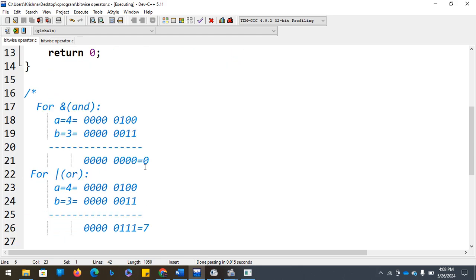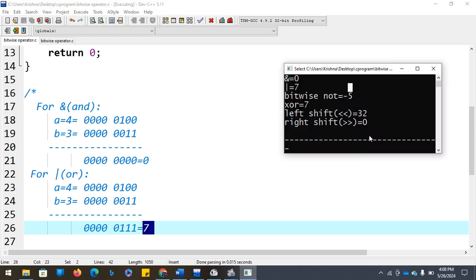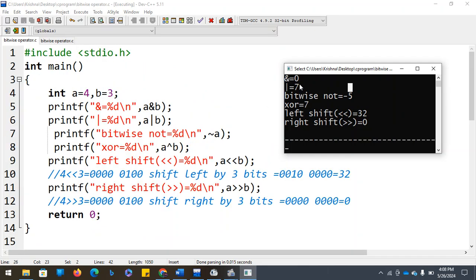A is 4, here is its binary, B is 3, here is its binary, and after that these numbers are added. So 1 plus 0 is 1, 1 plus 0 is 1, 1 plus 0 is 1, and 0 plus 0 is 0. We get this after addition, and it is converted again into decimal, so we get 7. We can see the output is 7. So this was about the OR operator.